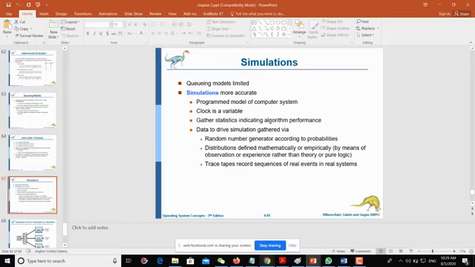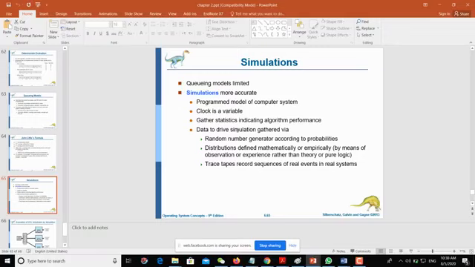Simulation is a program, which the user or the programmer sets, and it gives the overall model or design of the computer system, in which you may see the scheduling algorithms, and from which you can calculate different statistics. In simulation we gather statistics which indicate the algorithm performance.